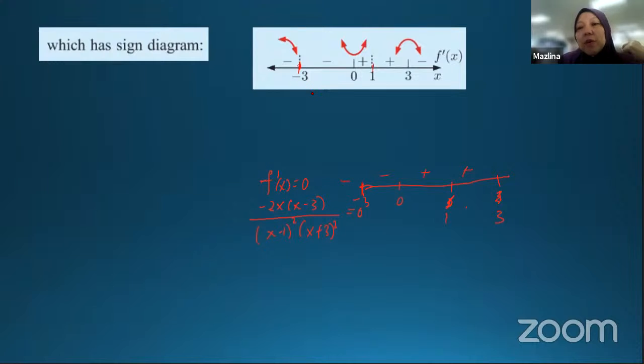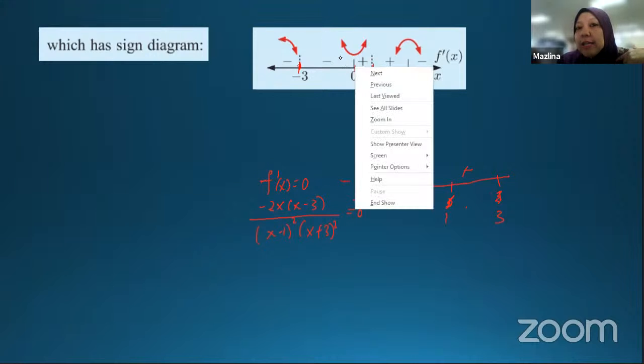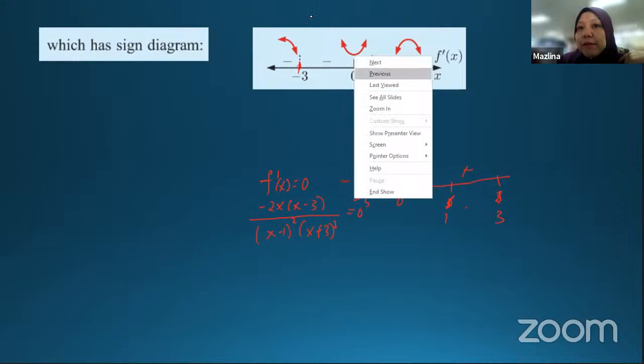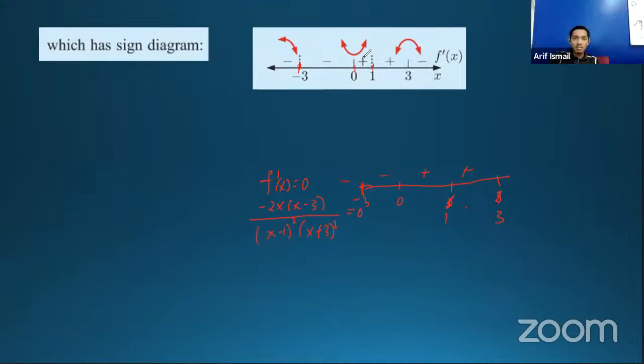Okay. Kalau dia adalah turning point, dia macam 0 ni. Turning point meaning kita tengok the gradient from negative become positive. Which mean we will have the minimum point ke maximum point? Minimum point. Kan?